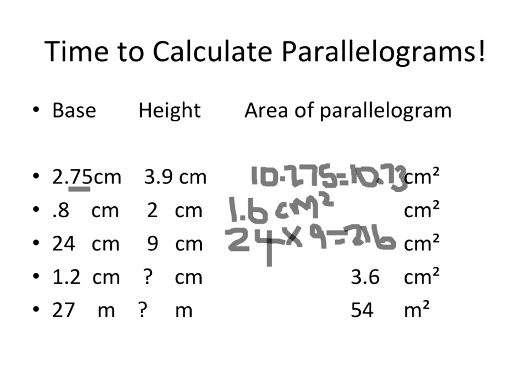And the next one, trickier. Let's think about this. We did some of these kinds of things when we were doing percentage. We have what the total is, and we have 1.2 centimeters times some number of centimeters equals 3.6 centimeters squared, and then the other one, 27 meters times some meters equals 54 meters squared. So if we can't multiply because we don't have the answers that are right there, what can we do?